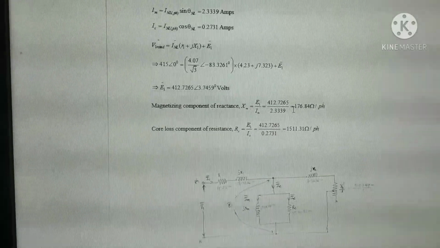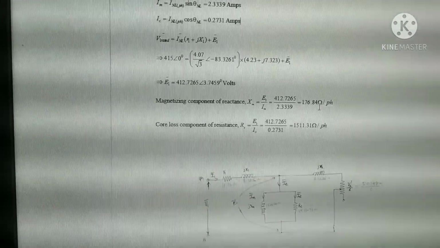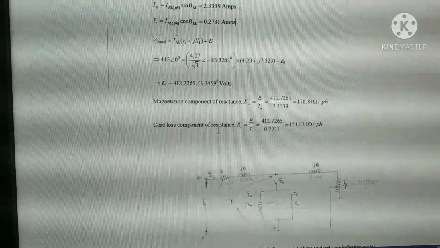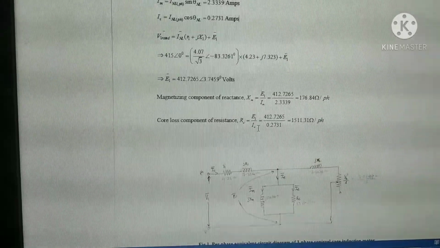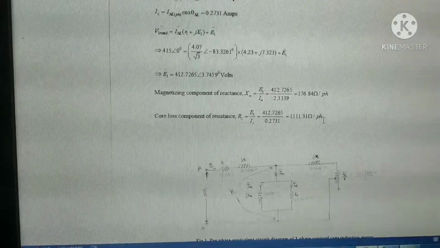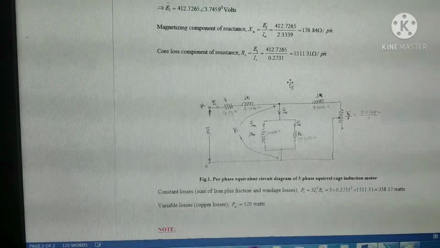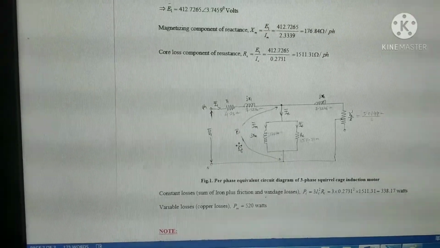If we substitute these values, we will get magnetizing component reactance is equal to 176.84 ohms per phase, and core loss component of resistance is equal to E1 by IC, that is equal to 1511.31 ohms per phase.